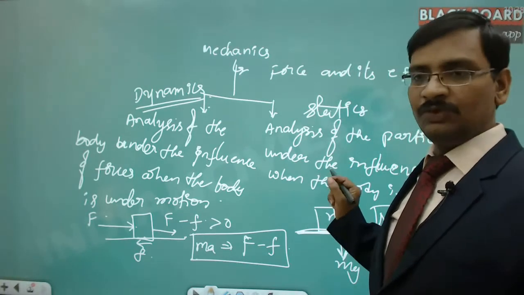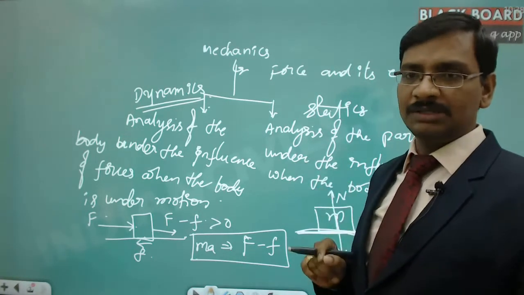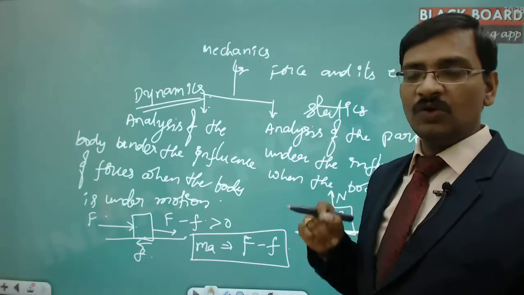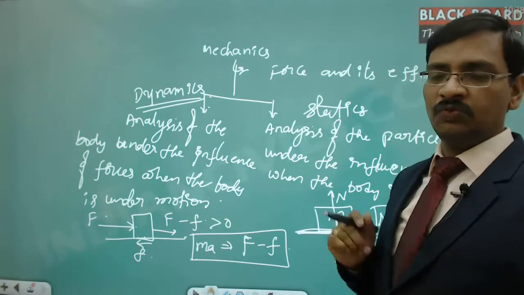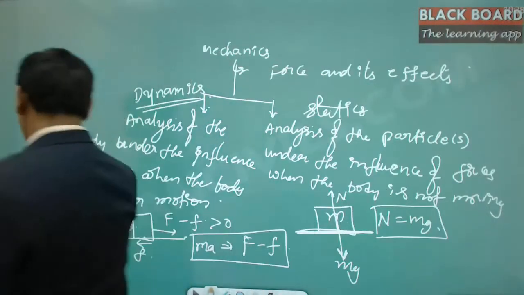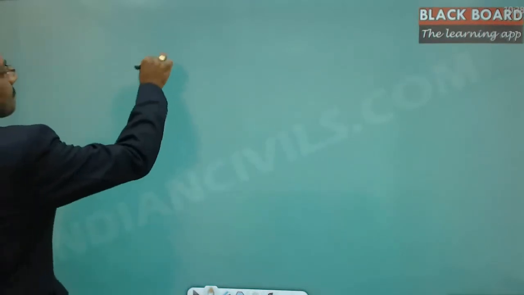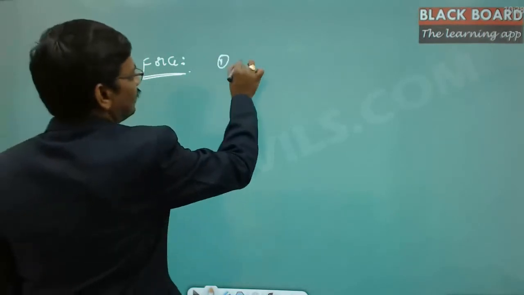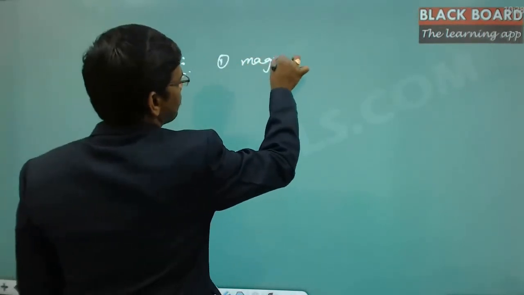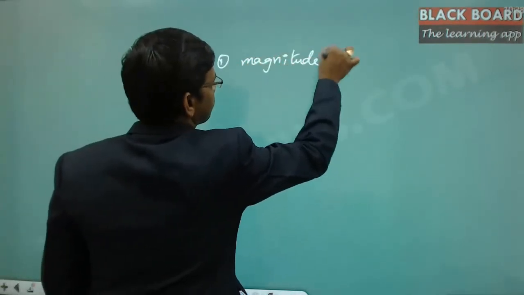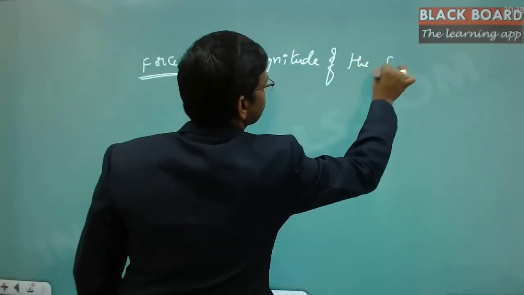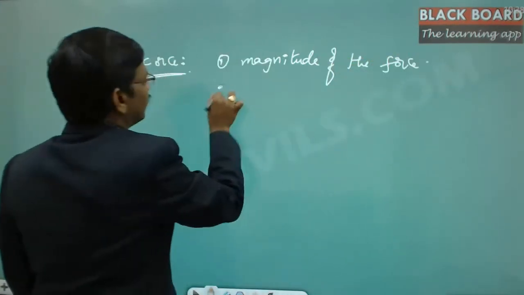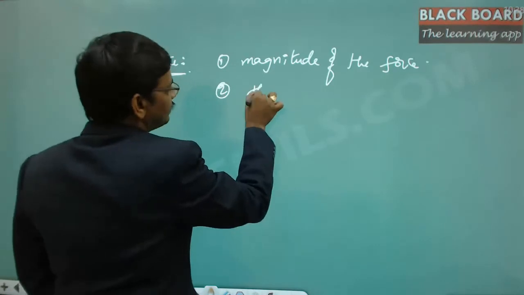So in both the cases, if you notice, there is a simple concept, that is the force. So the force has certain properties. The properties of the force are: first is the magnitude of the force. And the second one is the direction of the force.